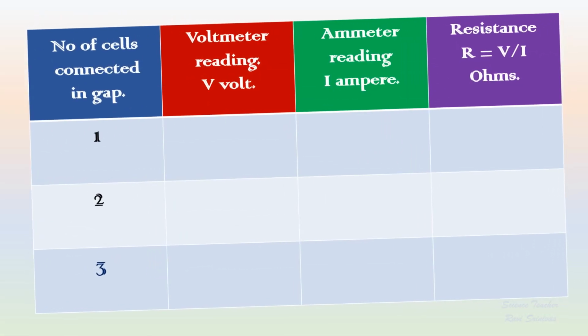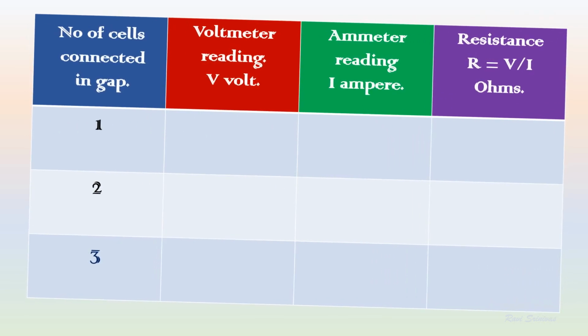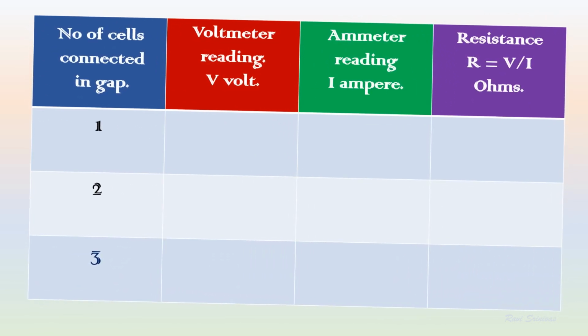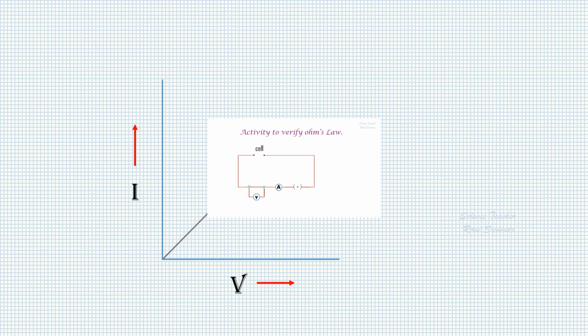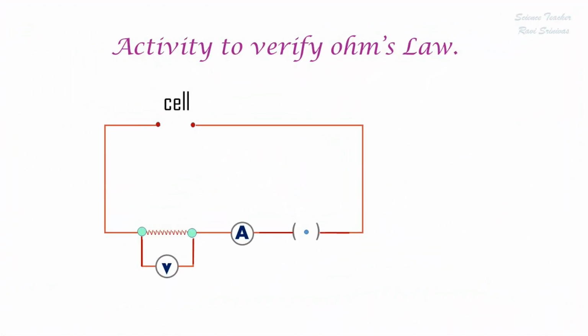We observe that ratio of V and I is same in all these cases, and the graph is also a straight line, which actually verifies that V and I are directly proportional to each other. Thus, Ohm's law is verified.